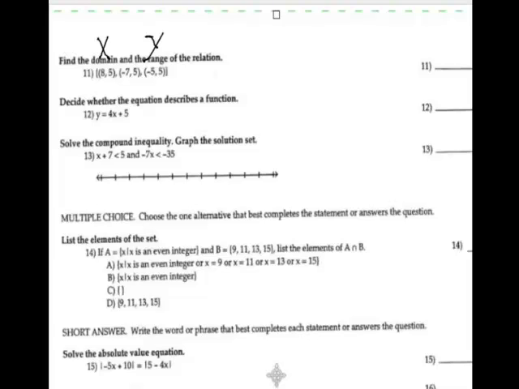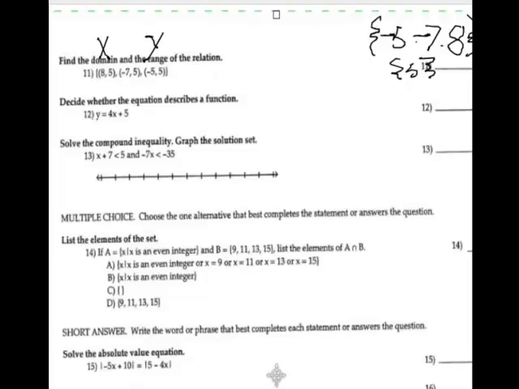You're supposed to put it in a bracket, so -5, -7, and 8. Those are minuses. And then the range, of course, is 5. So it looks like a set. Now, some people put in 3 5s because there's 3 5s, and that's fine. But the 5s are the same.